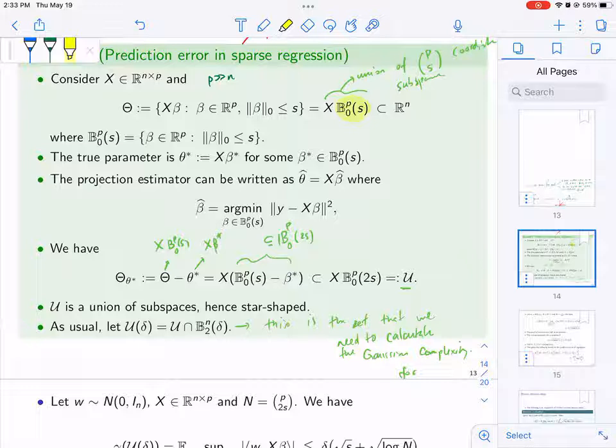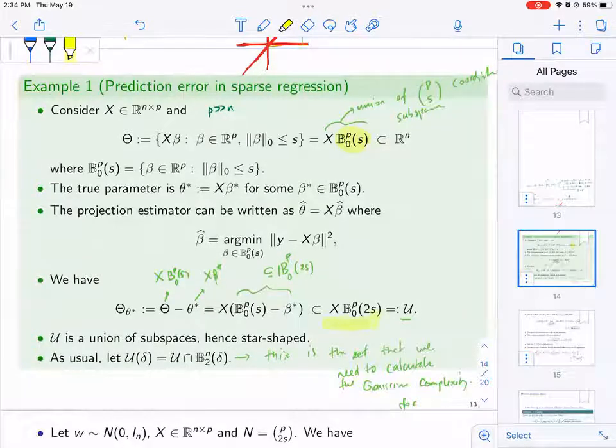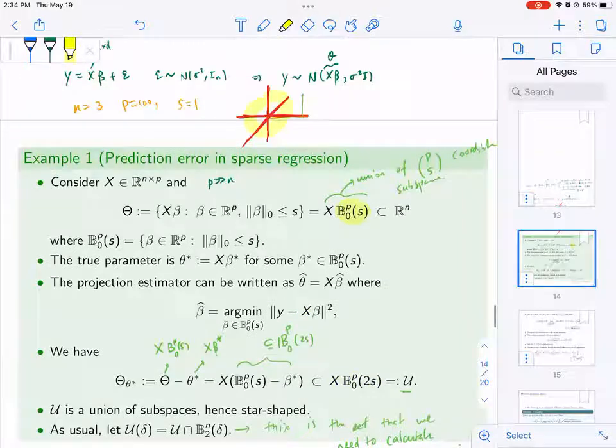So is this star-shaped? Why is it star-shaped? This is still like the image of the L0 ball, right? So it's something like this. You can see this is a star shape, right?